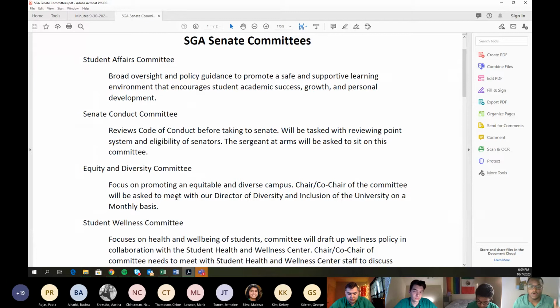Some committees have a goal that might be short term, or the mission of that committee might not be a full explanation of everything it will entail. Senate Conduct is a committee where, at the beginning of the semester, I'll give them the conduct that I want to submit to Senate.